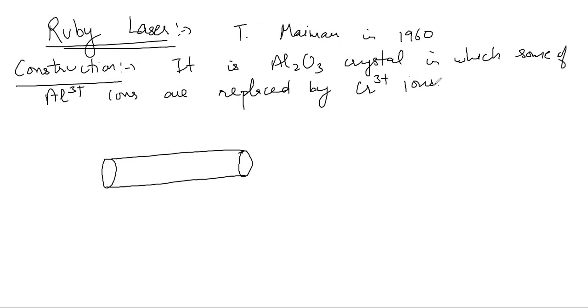These chromium ions are responsible for the red color in ruby. Many people wear ruby jewelry, right? And that is red in color, which is basically due to these chromium ions.